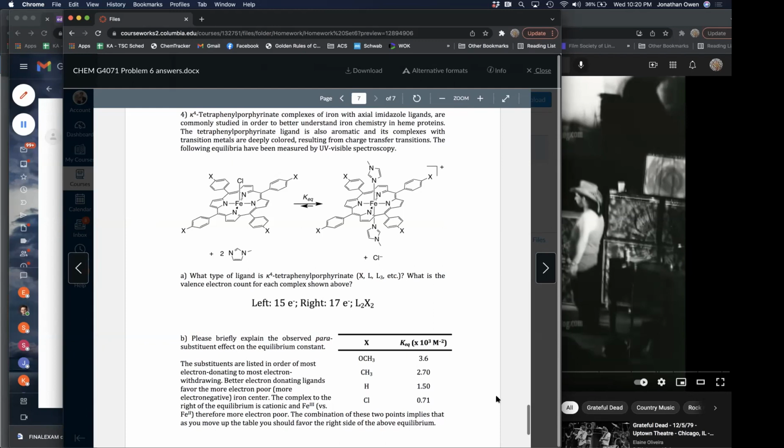For a Cp star, a Cp star will do strong sigma donation. I don't know if you can stick a Cp star on the end, but it also has these methyls, which are electron rich, attached to each of the carbons. And so it can push electron density onto the center of the Cp star. Yeah, exactly.